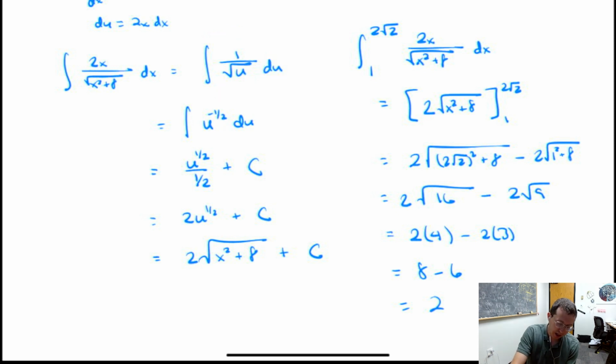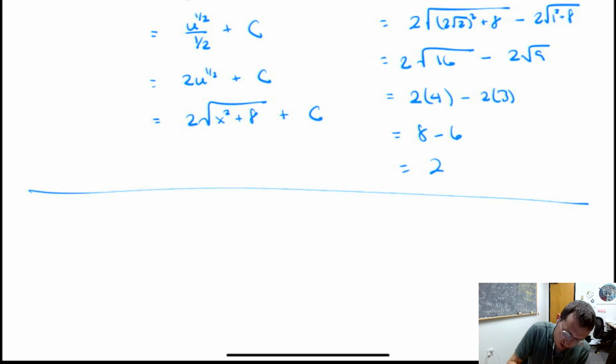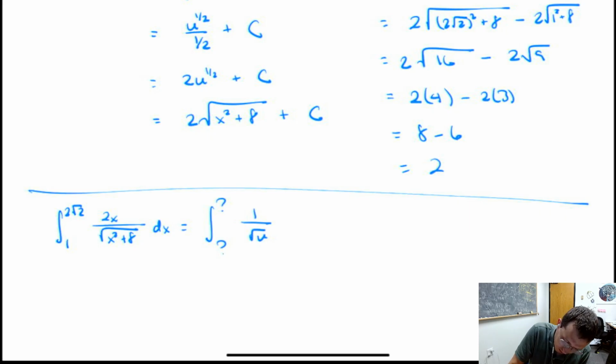So I can just convert the whole integral to an integral with u, as long as I also convert the bounds. What do I mean by that? Well, u is equal to x squared plus 8.